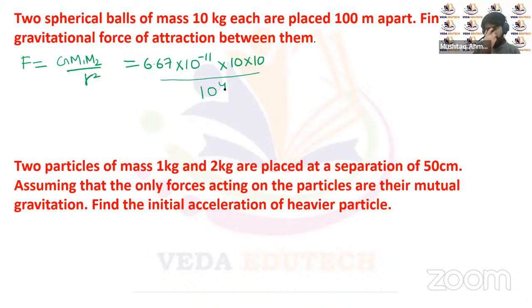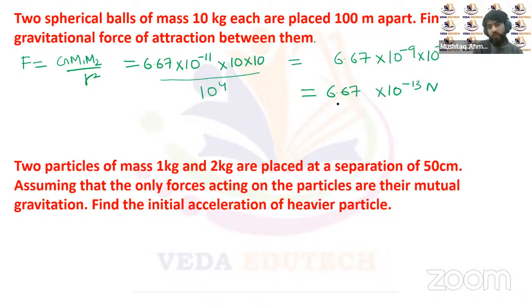So it will be equal to 6.67 into 10 to the power 2, 10 to the power minus 9, into 10 to the power minus 4, or 6.67 into 10 to the power minus 13 newtons. So this will be the amount of force between the masses of the two bodies which are separated 100 meters apart, each of 10 kg.